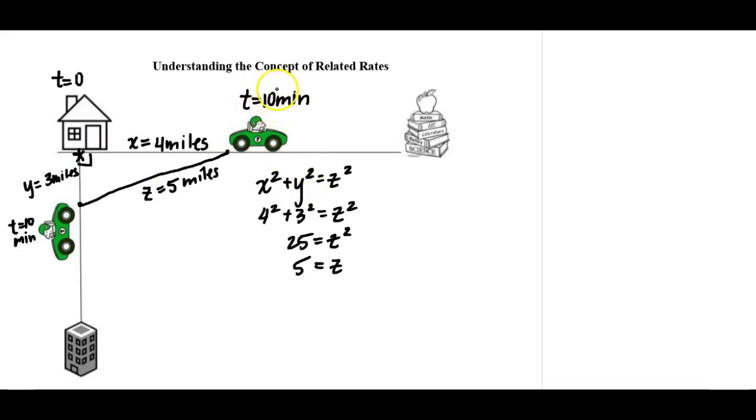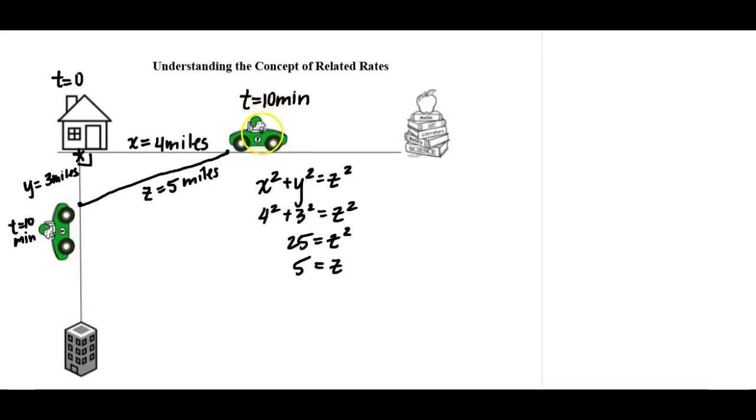But at 10 minutes, not only can you tell exactly how far you are from the house, and exactly how far your parents are from the house, let's say right at 10 minutes, we looked at the speedometer. And we knew exactly how fast you were going at 10 minutes.